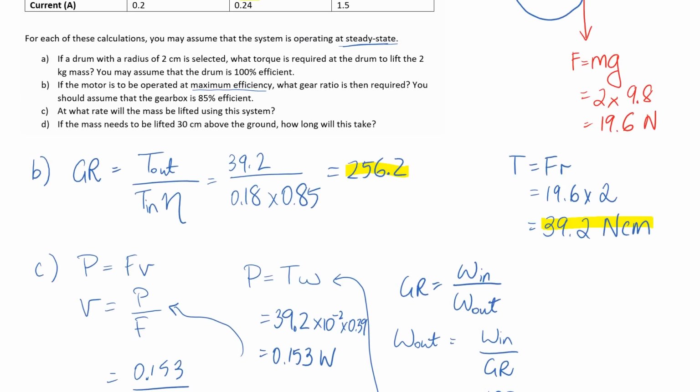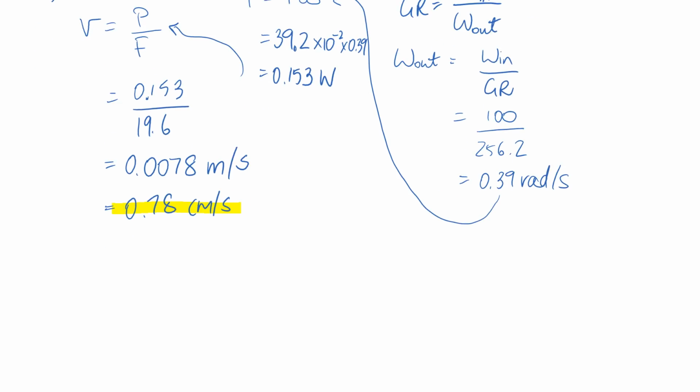So we've got one part left, which is figuring out if the mass needs to be lifted 30 centimeters, how long is it going to take? So we're going to use our answer to part C in this, and we know that velocity is equal to the displacement, which I'll call S, divided by the time. So in our case, we want to find the time taken, so I can rearrange this equation.